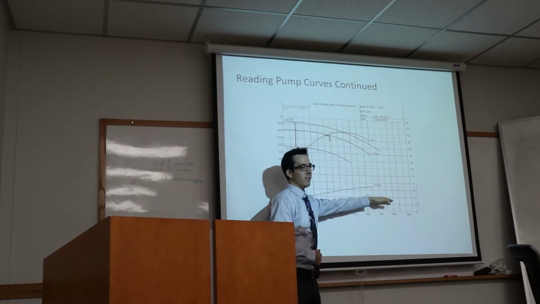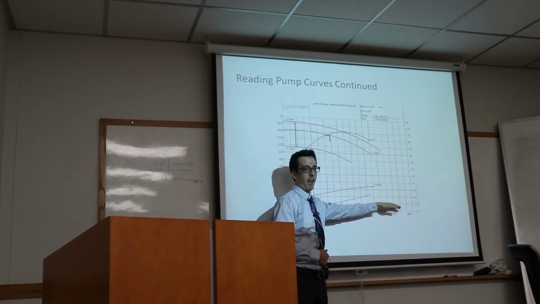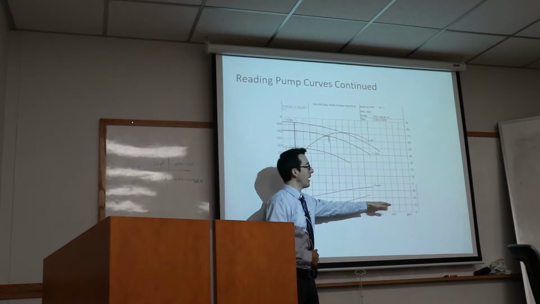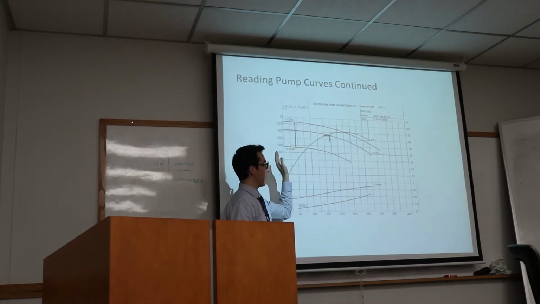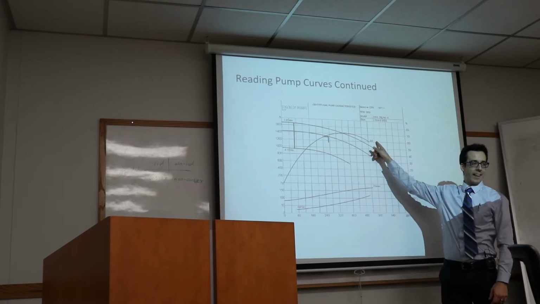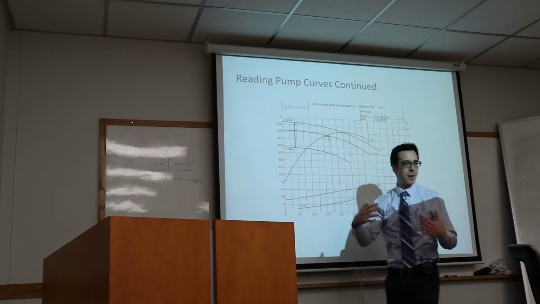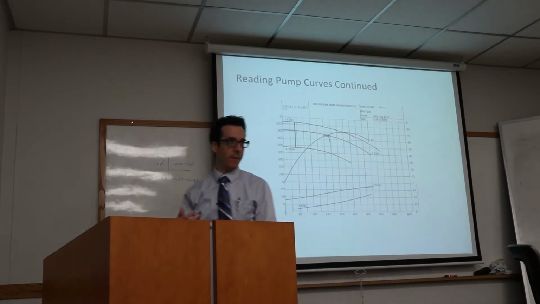And if you're down here, it's just the opposite. You can pump a lot of water a little ways. High flow, low head. And then this curve defines everything in between. That's why you don't see anything up in this part of the curve, because you can't get high head and high flow for the same amount of power. Okay, does that make sense?